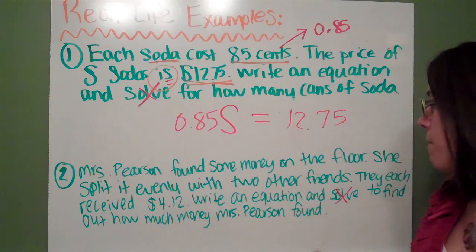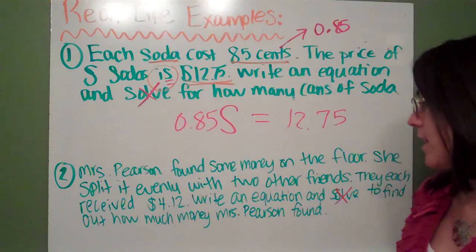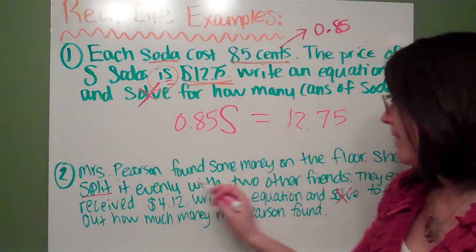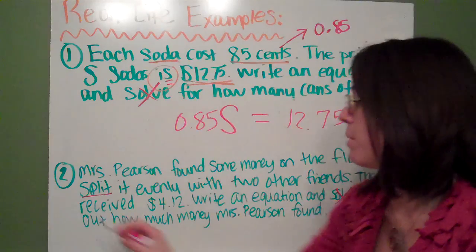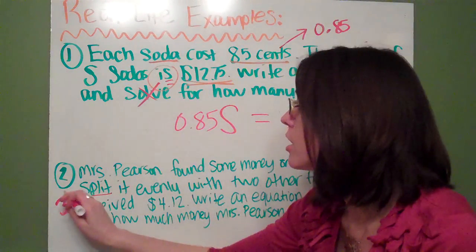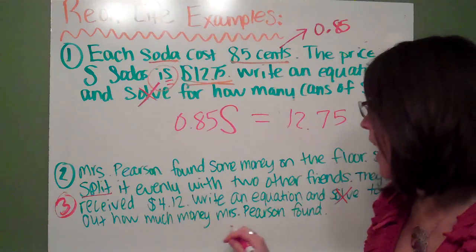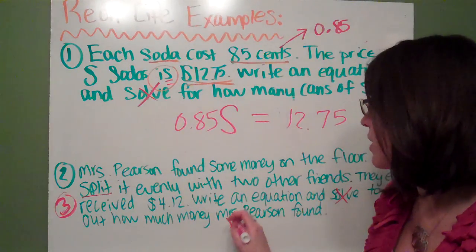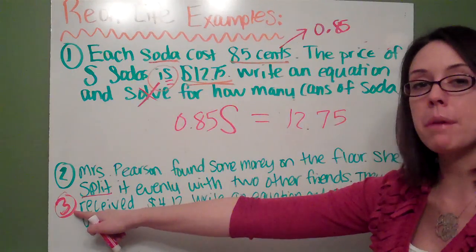All right, what do we know? Miss Pearson found some money. Don't know how much money, but I found some. And I split it evenly with 2 other friends. So 2 other people split it with me. So 3 people split the money. We do not know how much money I had, so we're going to use X to represent that. We know that we split it by 3 people.